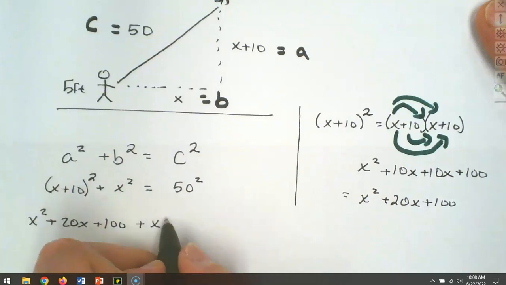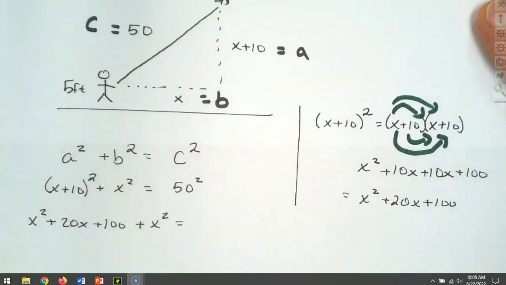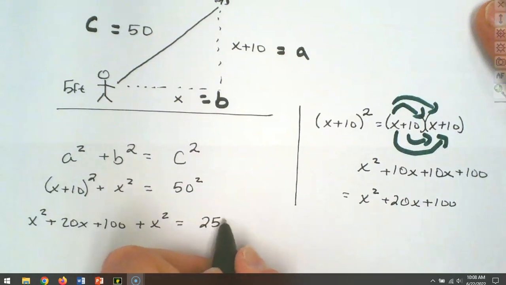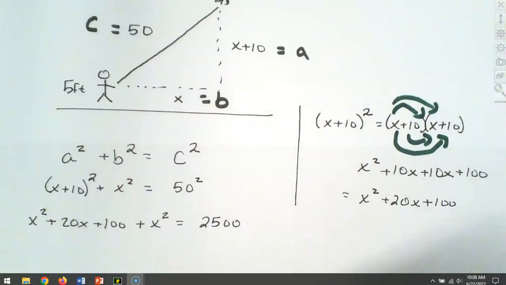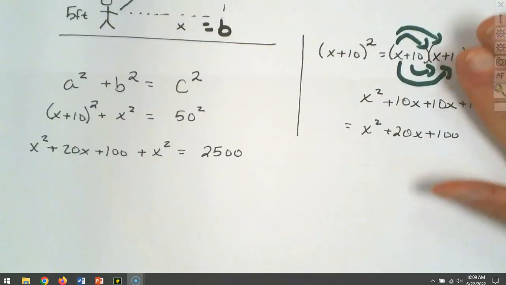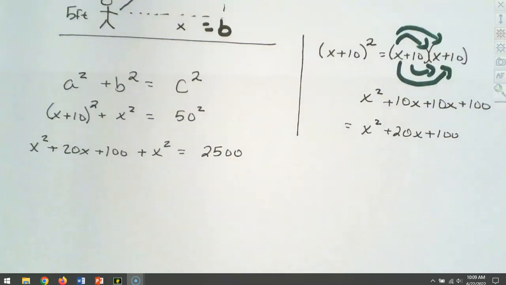And then we've got a plus x squared, and then we've got 50 squared, and that should be 2,500, I believe. So 5 squared is 25, and you got the 2 zeros. Is everyone with me so far here?